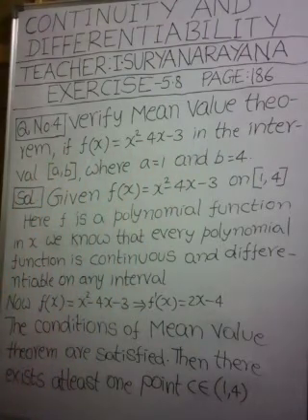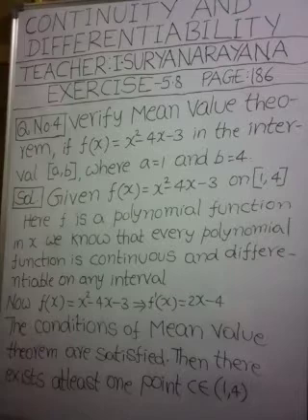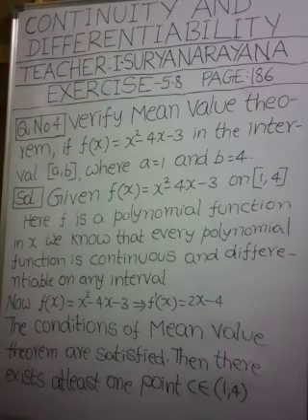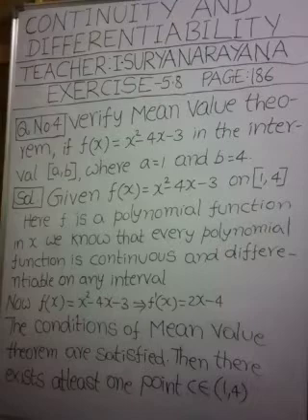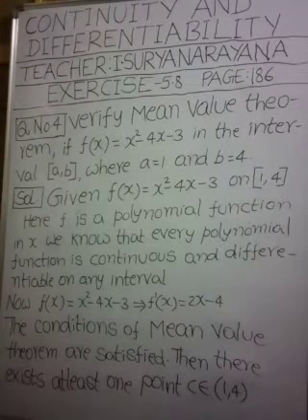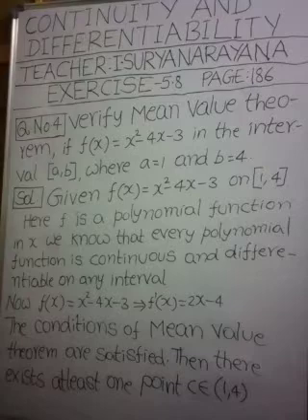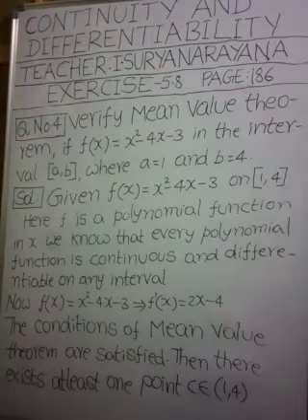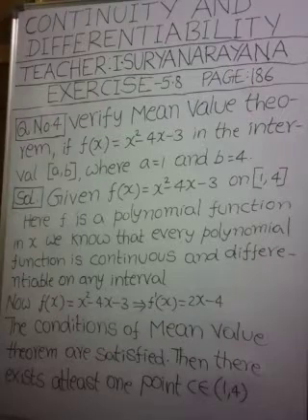Understood this question, my dear children? This question is the same as question number 1. We had to verify, but the first question is based on Rolle's theorem, whereas this question is based on the mean value theorem. Okay, my dear children, we follow the same procedure as we followed for question number 1.